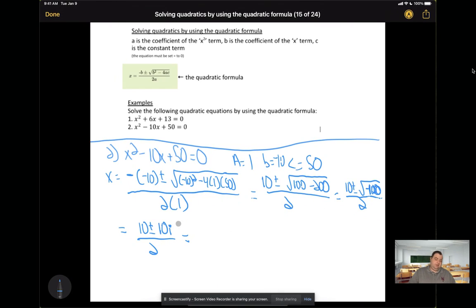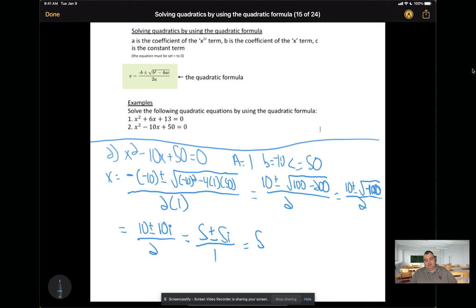And I can do the same thing I did before. These are all even numbers, so I can divide everything by 2. So 10 divided by 2 is 5. Plus and minus 10i divided by 2 is 5i. And 2 divided by 2 is 1.